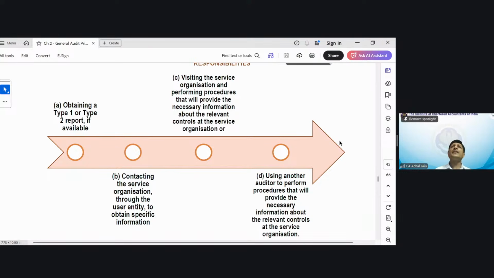That will again be dependent on the process, some of the activities, and the risks which are involved there, which may not have been covered by, say, type 1, type 2, which the user auditor wants to go and evaluate on his own. So can this be done by the user auditor? Answer is yes. This can always be done. Yeah. So this can very much be a part of the strategy on the part of the user auditor.